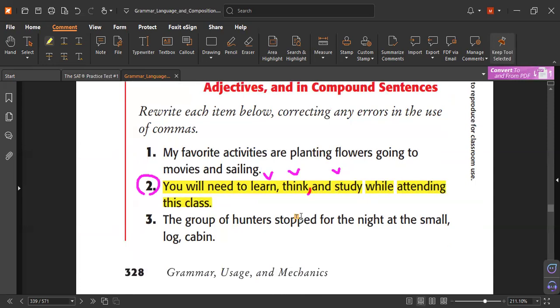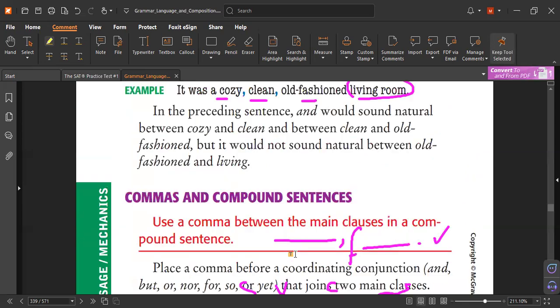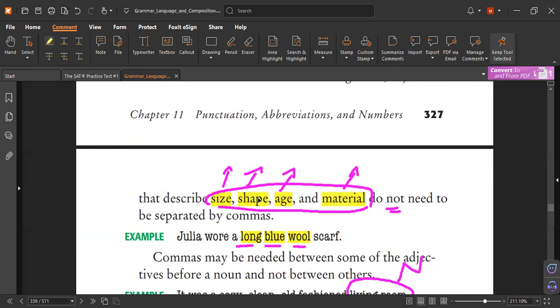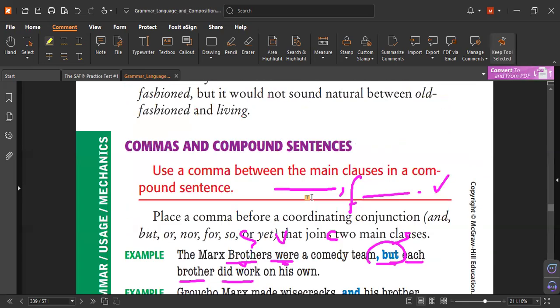Now again, do you have any mistake here? Thunder stopped for the night at the small log cabin. I think we shouldn't put commas. That is why. Look, because size, shape, material.